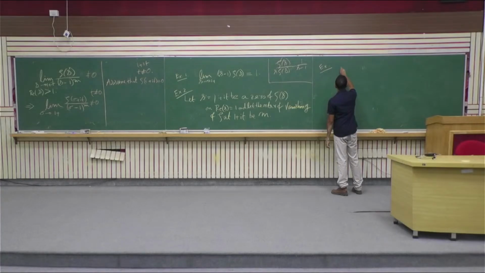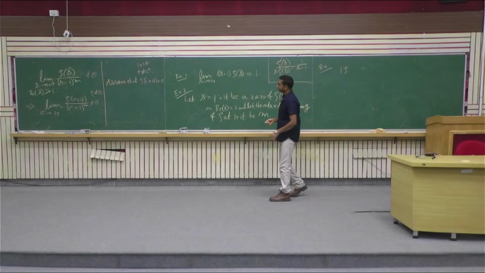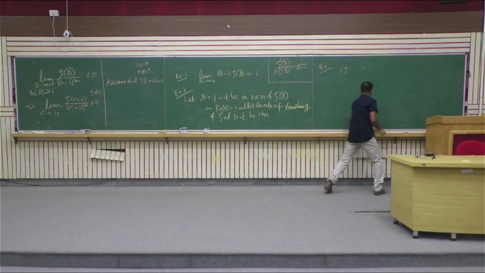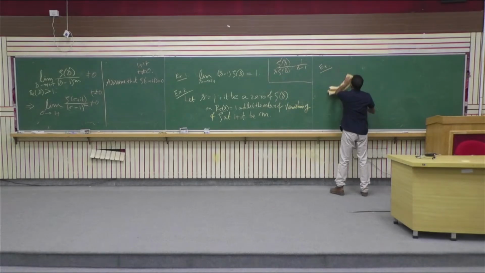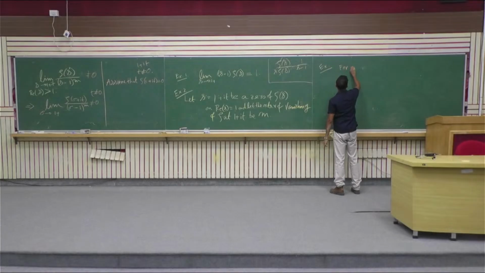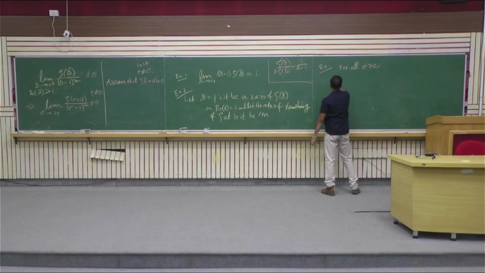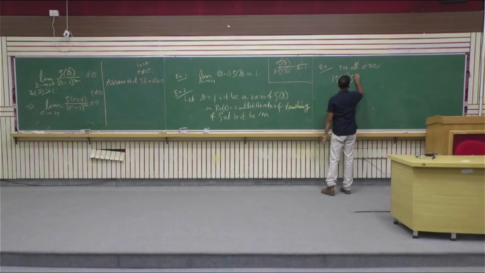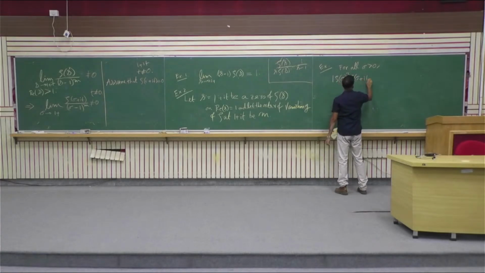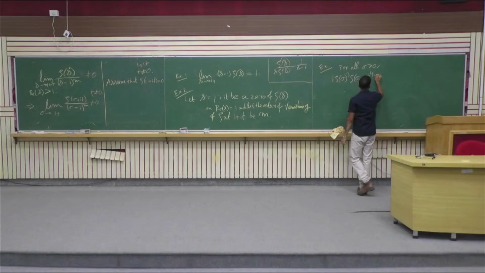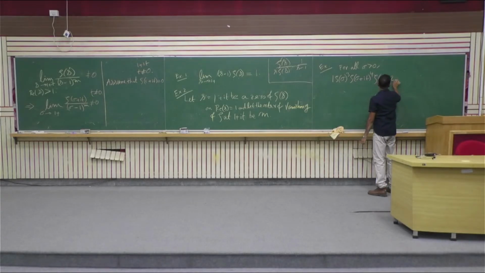So for all sigma greater than 1, excuse me, zeta of sigma cubed, zeta of sigma plus it whole power 4, zeta of sigma plus 2it, this is greater than or equal to 1.